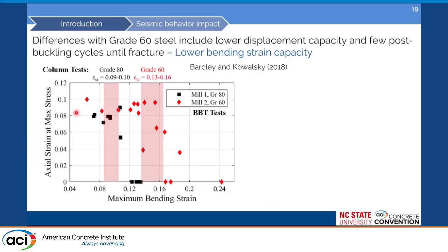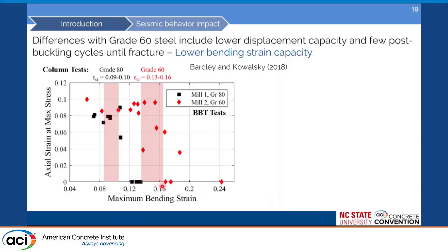For the bars that have a higher elongation capacity, we had a ductile failure, but for those where the elongation capacity was near zero, it was a very brittle failure where sometimes even the bar was still in the buckled shape. What we look for in this specific test is where that transition from ductile to brittle occurs.